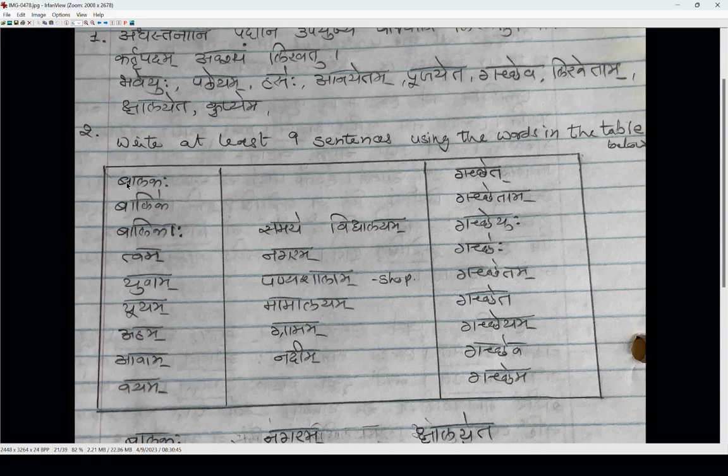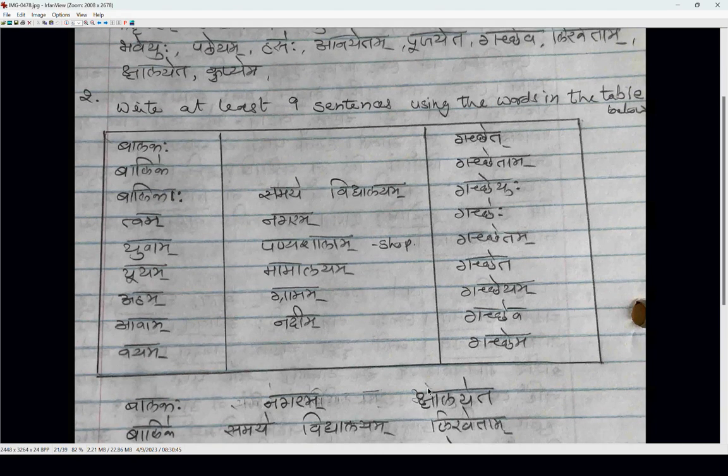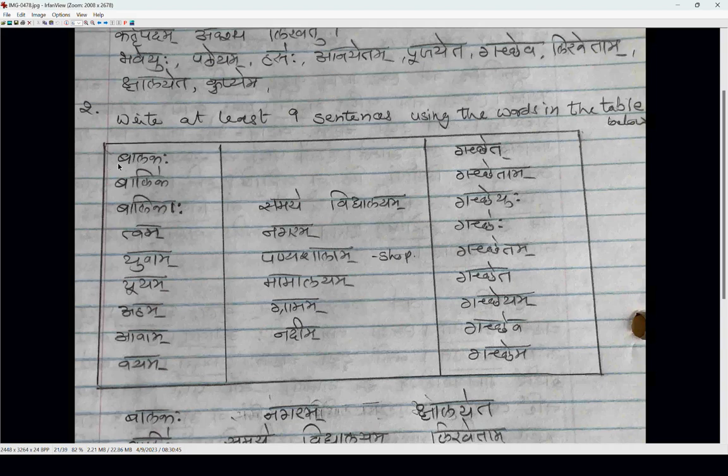I think you tried to match, use this balakah and use one of the words here and compare. The exercise, like the example, I think this was. Yeah, but when I see this balakah nagaram kshalayet, I think you have picked this one. Yeah, should be halanta. Yeah, gaccheta, not shalayeta.